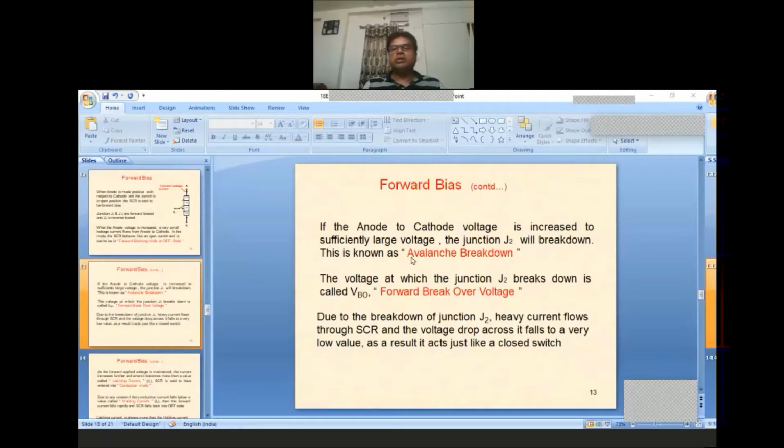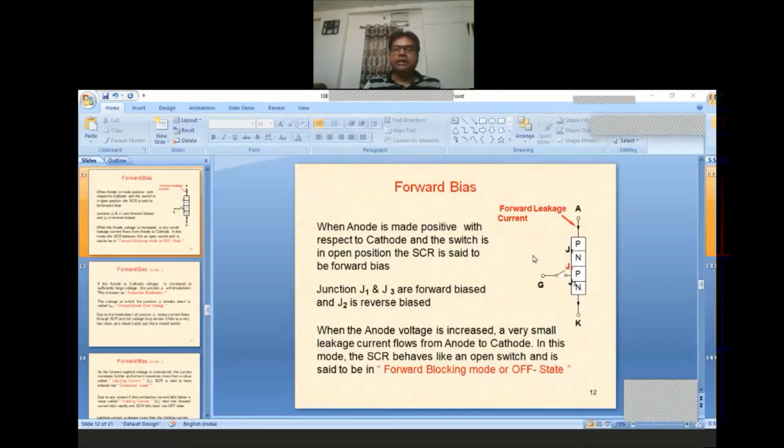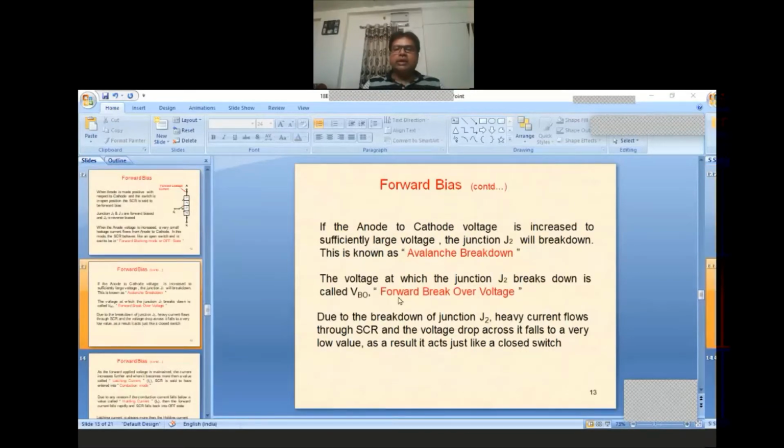Due to this avalanche breakdown, there is a steep rise in the current flowing from anode to cathode, and as the SCR current increases, it will go into conduction mode. And the voltage at which the junction J2 breaks down is called as VBO, that is forward breakover voltage.